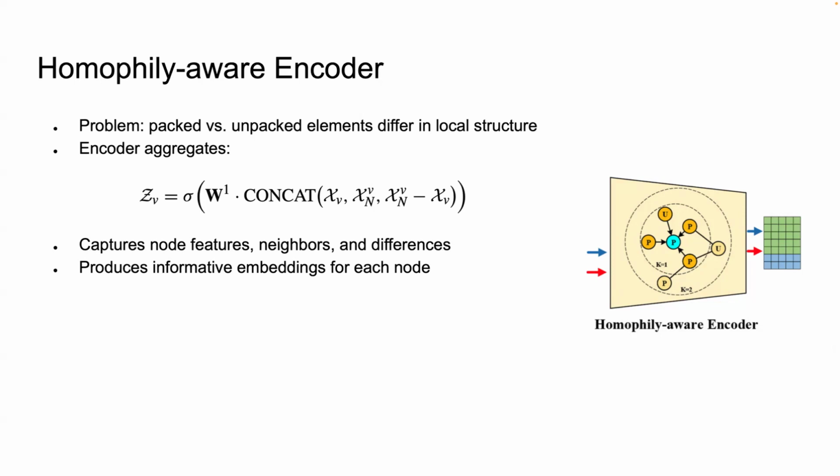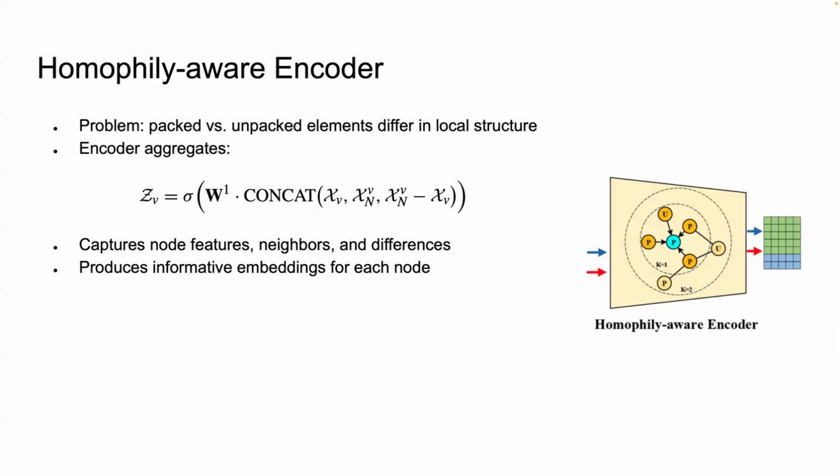The thing they introduce here is to be aware of the homophily among the neighbors. They subtract their current feature from the neighbor features, add this term at the end, multiply this with the weight matrix, and pass it through the activation function to get the embeddings.